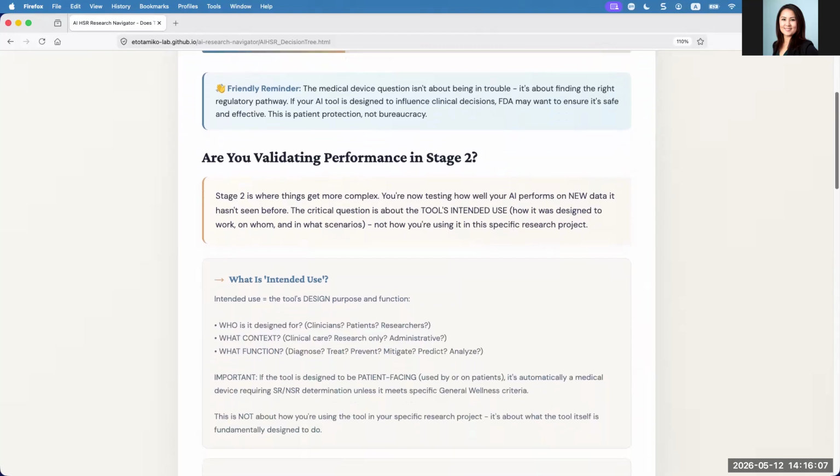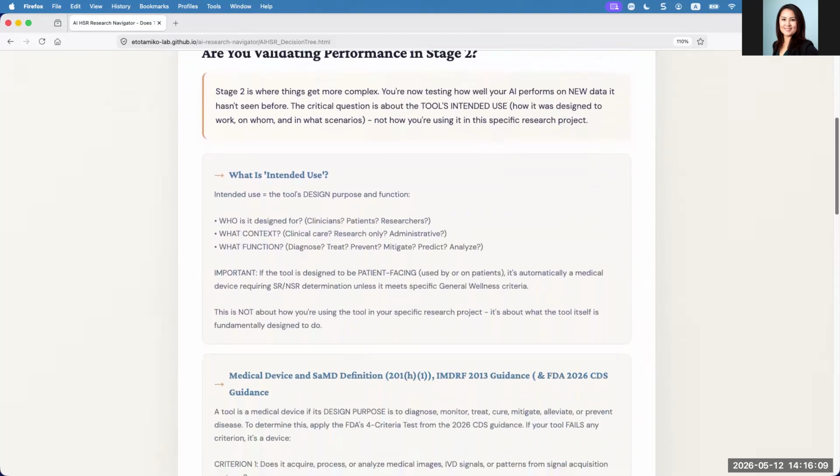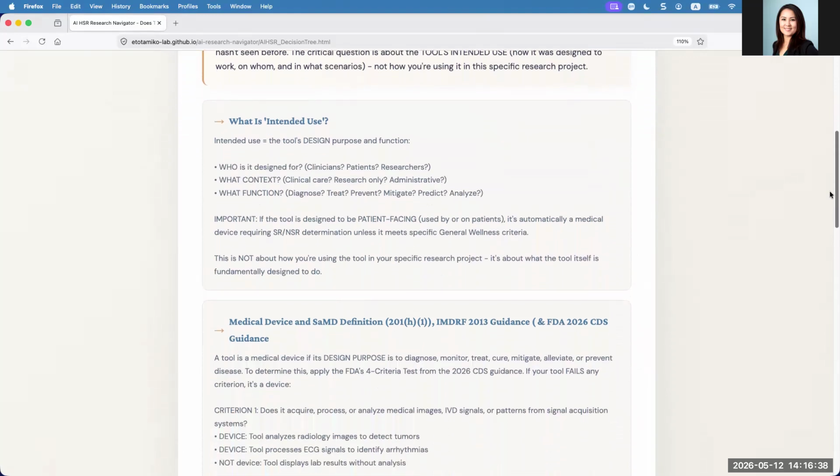Okay, are you validating performance in stage 2? This is a critical question that trips up many researchers. Notice the title doesn't say for a medical device. It's just asking if you're validating. We're asking about the tool's intended design or intended use. So look at this detailed section: what is intended use?